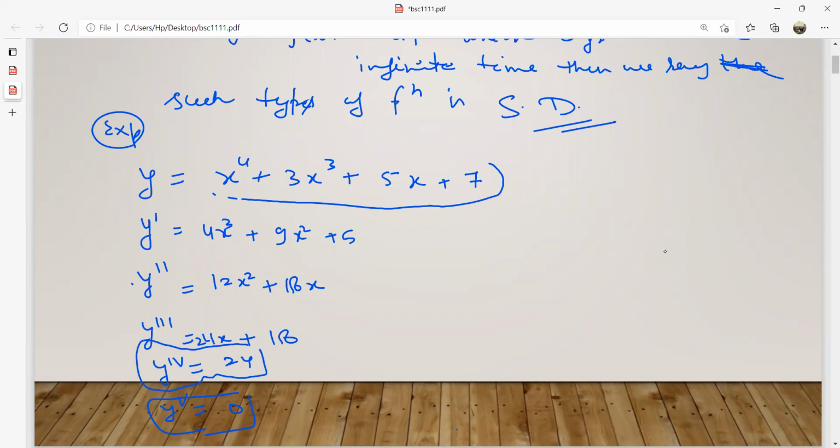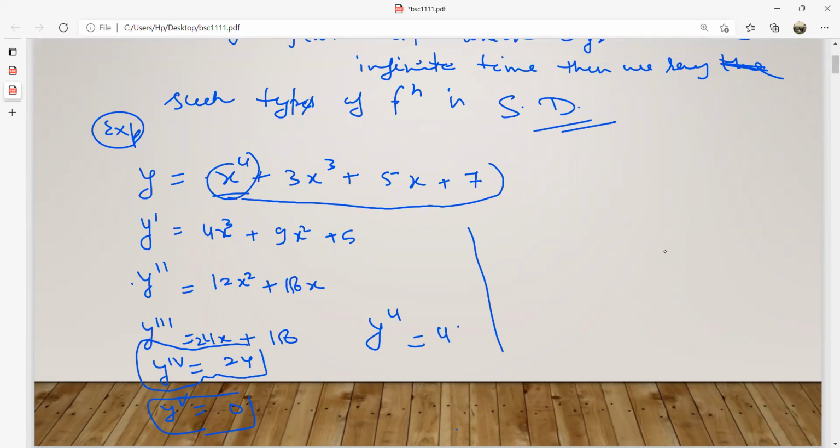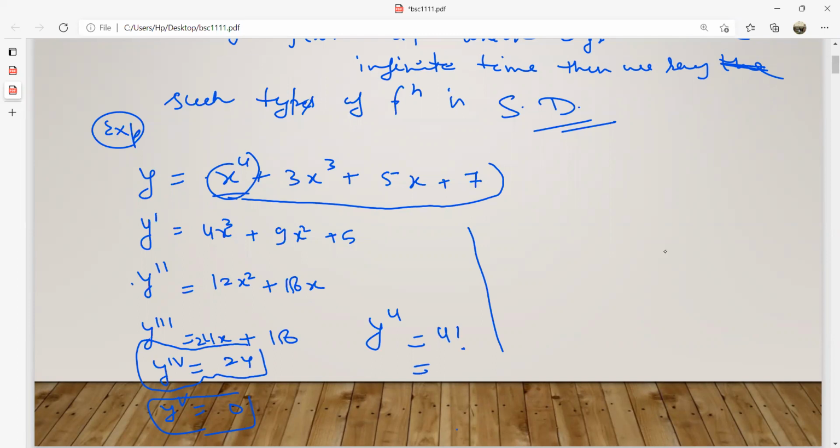So the fourth derivative of such a polynomial, if there is no constant, is always 4 factorial, which is 4 multiply 3 multiply 2 multiply 1, also equal to 24.